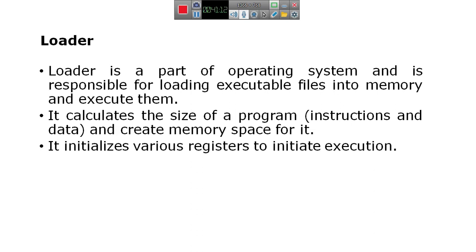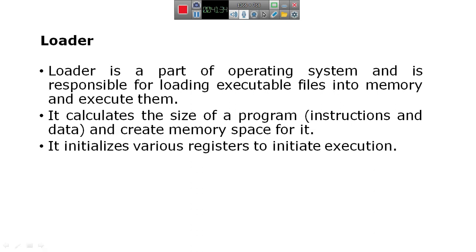The loader is a part of the operating system and is responsible for loading executable files into memory and executing them. It calculates the size of a program, instructions and data, and creates memory space for it.